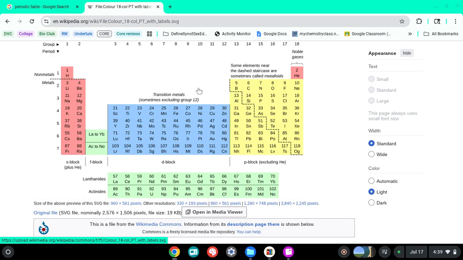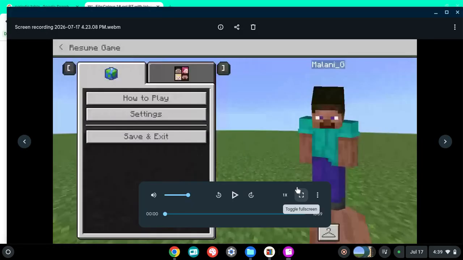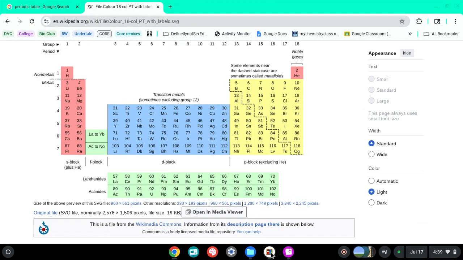I am one electron away from becoming one of the noble gases, and filling up this shell. And that's the octet rule in action. Every element wants a full outer shell, which is always 8 electrons.